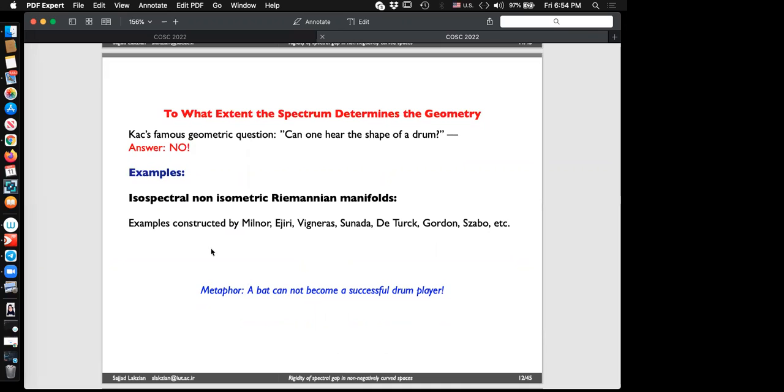And of course, everybody knows the famous question of Kac: can you hear the shape of a drum? The answer is no, and you can come up with isospectral spaces which are not isometric. There are many results in this direction, and you can look up what kind of examples there are.